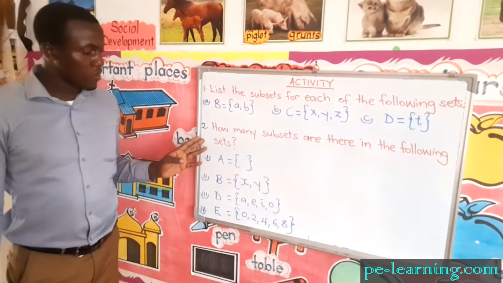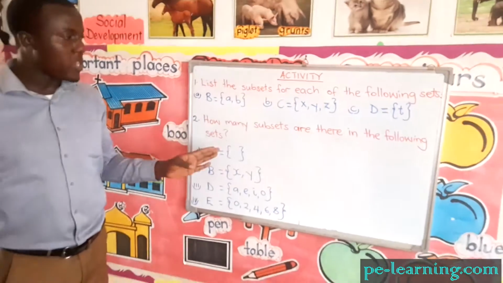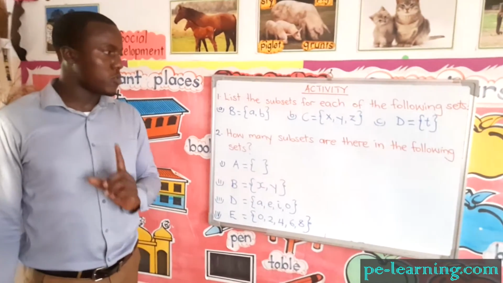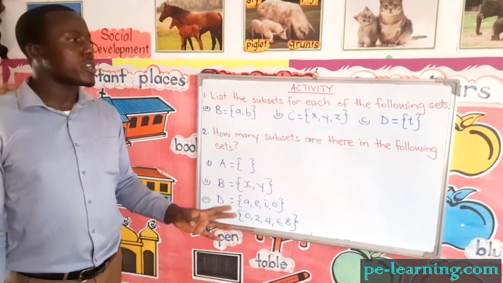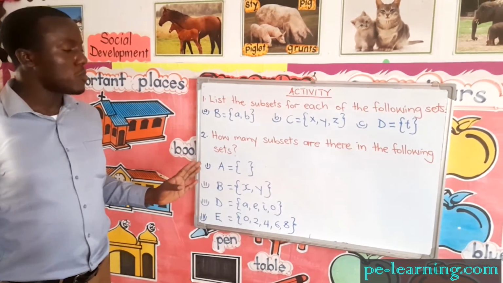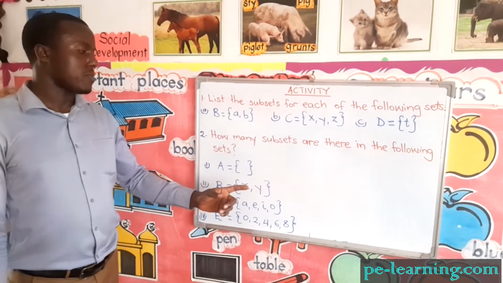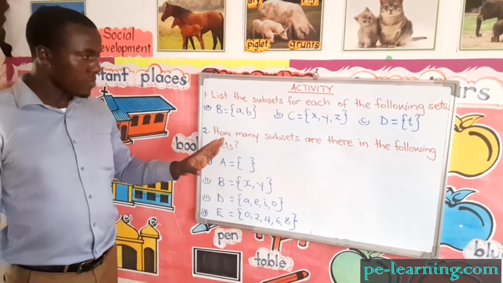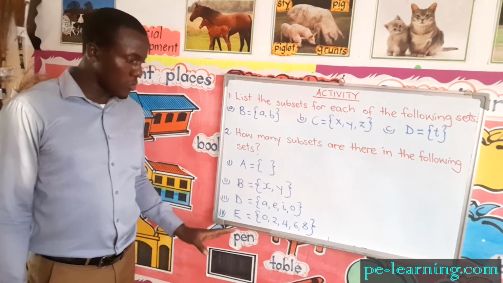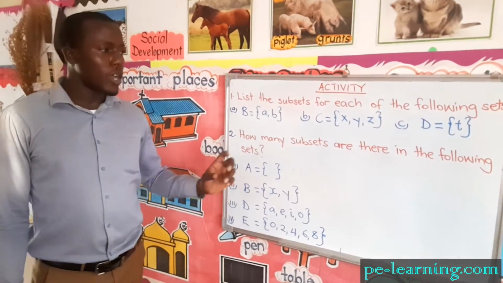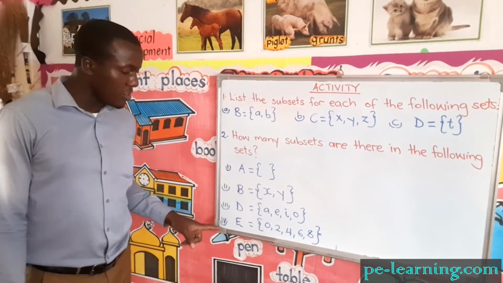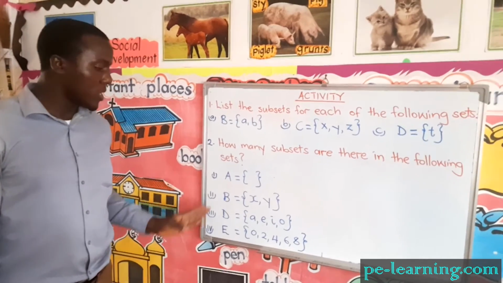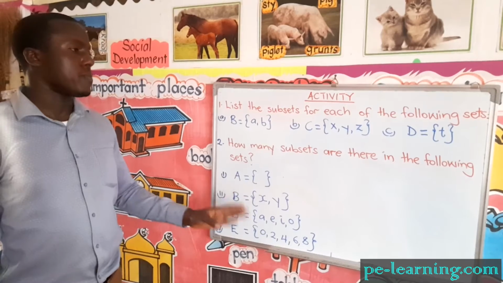Then number 2, we are saying how many subsets. Follow the instructions. Number 1 says list. I don't want the number. Number 2, how many. So here, use the formula for number 2. Use the formula and find the number of subsets for each of the following sets.